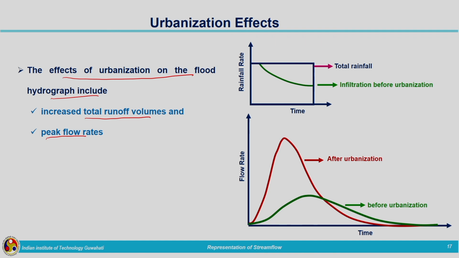So, that is represented by this green curve, and in the case of after urbanization, what will happen? Impervious areas are increased, due to that the water which is infiltrating into the ground gets reduced. Because of that, the runoff volume will be increasing. So, this much amount of extra water is contributing towards runoff because of urbanization. Additional excess rainfall caused by urbanization is marked by this hatched area.